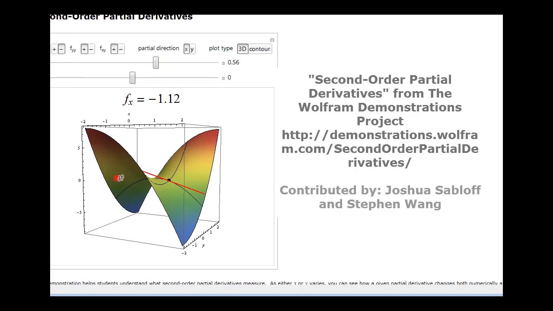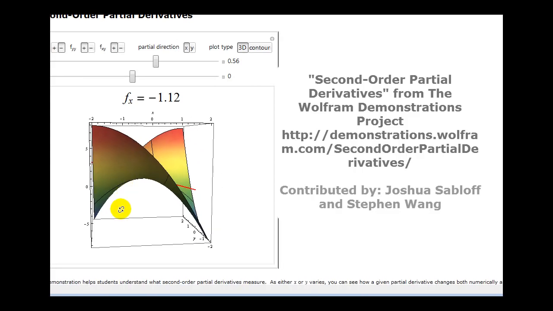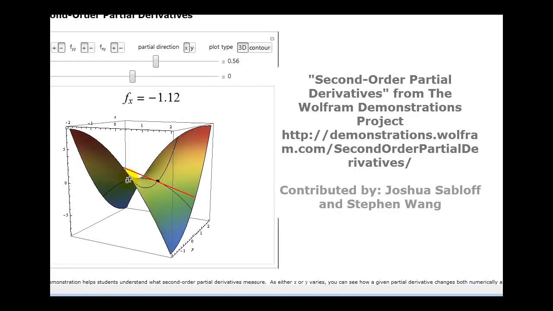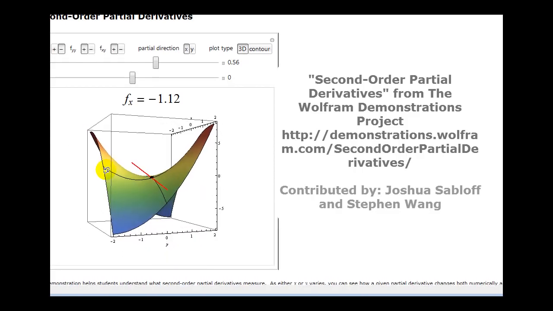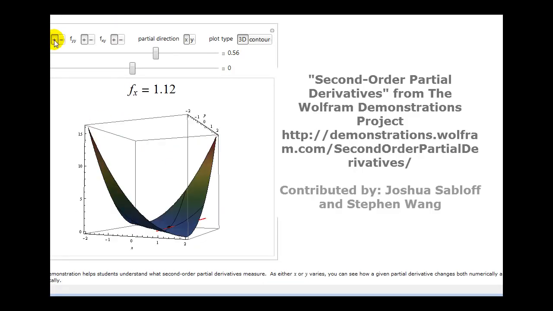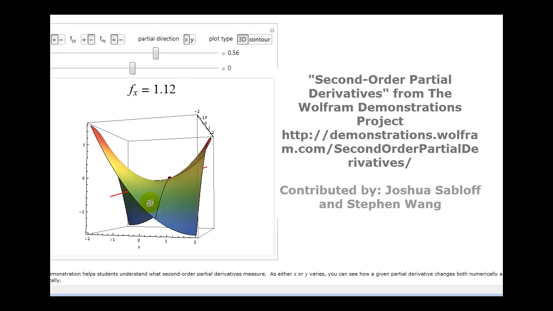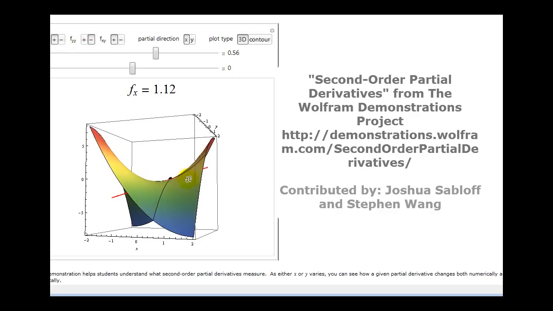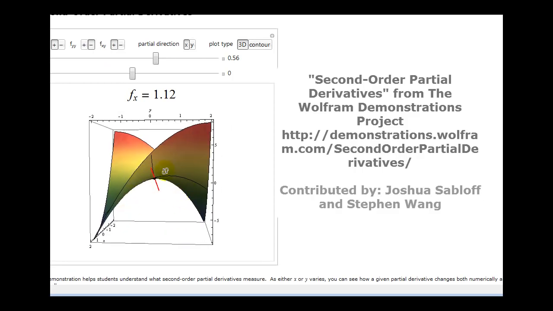So in the x direction, you can see now it's concave down, and the y direction it's still concave up. Now let's go ahead and make fxx positive and fyy negative. So now in the x direction you can see it's concave up, and the y direction it is concave down.